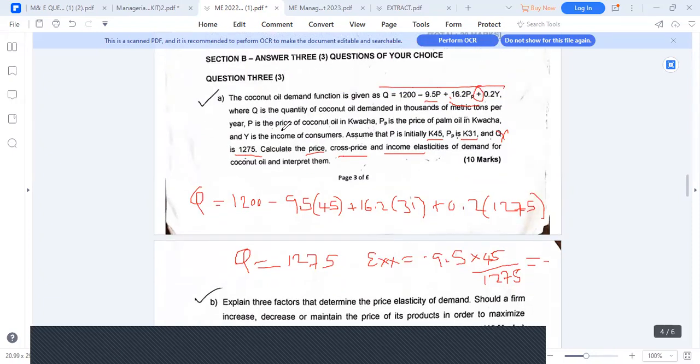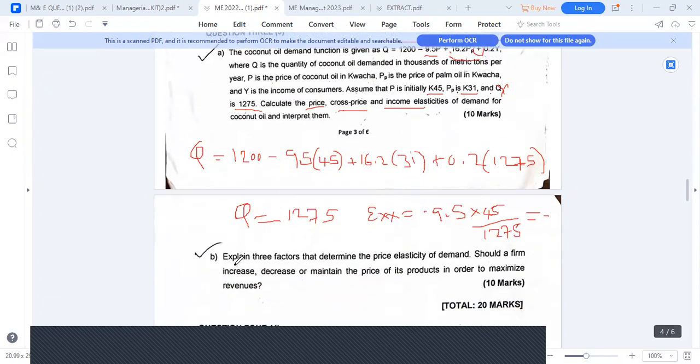All right, so this question: explain any three factors that determine the price elasticity of demand. Should a firm increase, decrease, or maintain the price in order to maximize its revenue? Who wants to answer that? I already mentioned that.